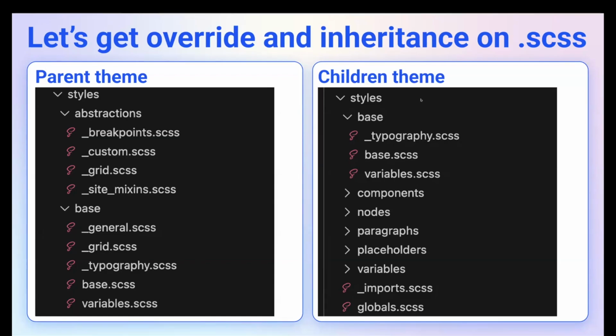So when Vite compiles the child theme, inside the SASS file it finds the references, the imports of those files, either if they come from the child SASS file or from the parent.